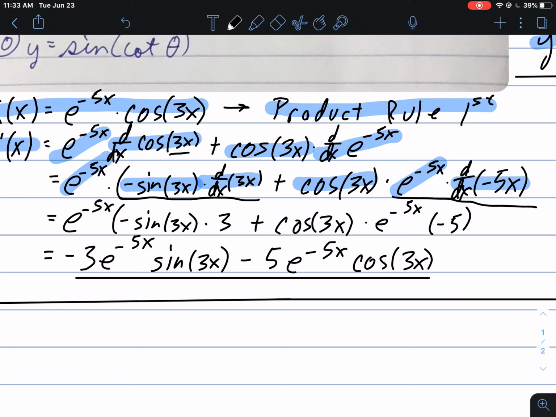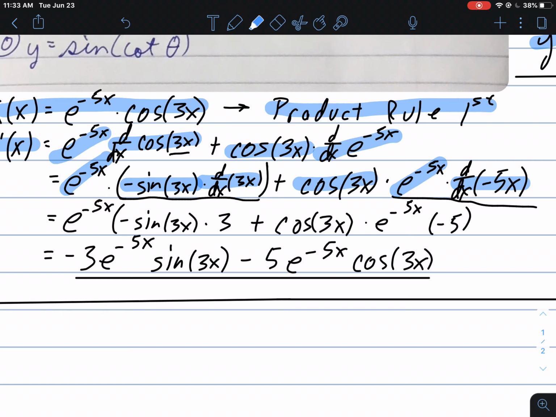Now I'm looking at parentheses here. E to the x first times the derivative of the second. I'm looking at where I should have parentheses there. And then plus second times the derivative of the first. Too many parentheses going on. Again, we still have to go back in here and differentiate where we say differentiate. Everything gets carried on.